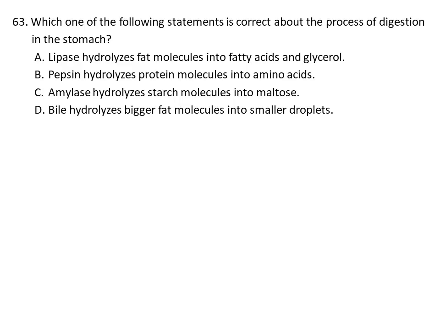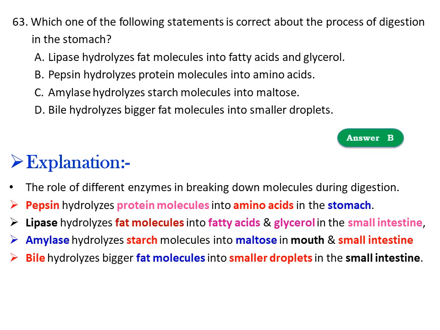Question number 63. Which of the following statements is correct about the process of digestion in the stomach? So the answer should be B. Pepsin hydrolyzes protein molecules into amino acids in the stomach. Regarding the role of enzymes that break down molecules in digestion, protein is digested into amino acids in the stomach, and lipids are hydrolyzed into fatty acids and glycerol in the small intestine.